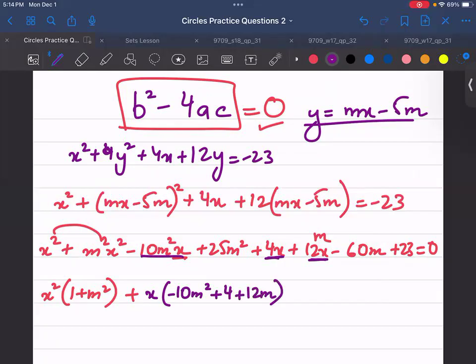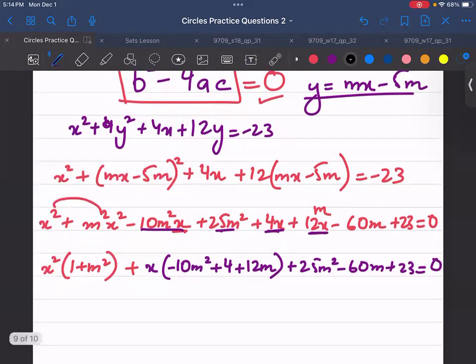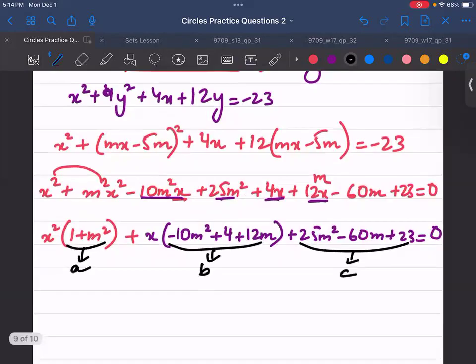And then the constant terms: 25m squared minus 60m plus 23 equals 0. From this equation, I have this as my value of A, this as my value of B, and this as my value of C. I will do B squared minus 4AC, right?